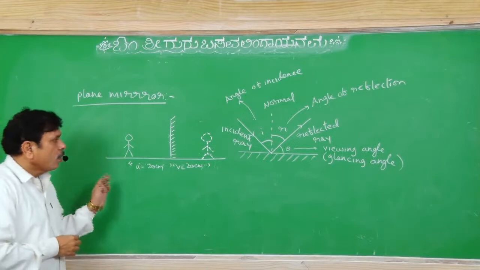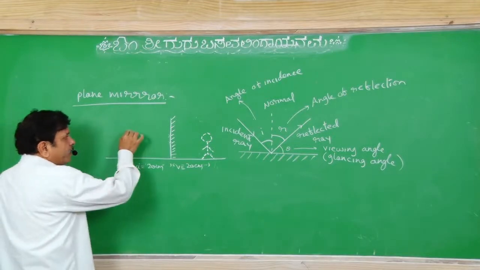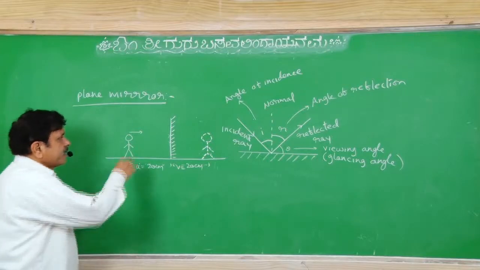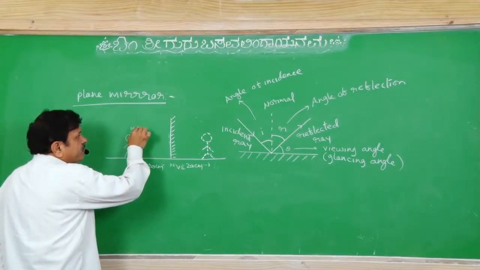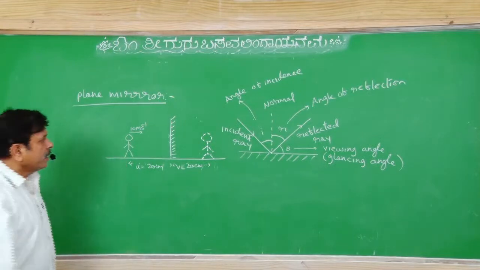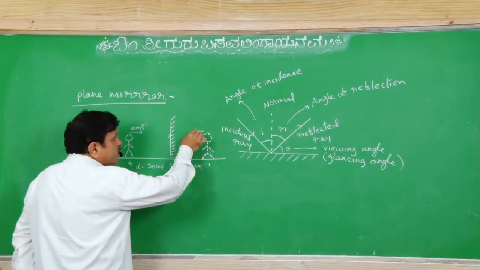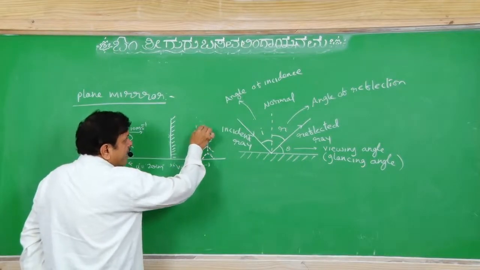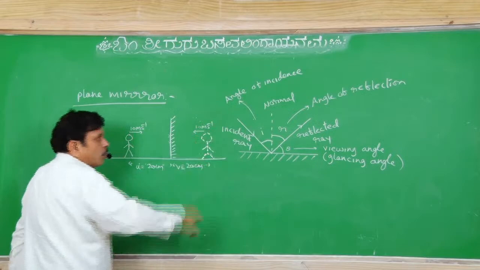Now, suppose we are moving towards the mirror with a speed of 10 meters per second. Then the image will also be found to move towards the mirror with the same velocity.